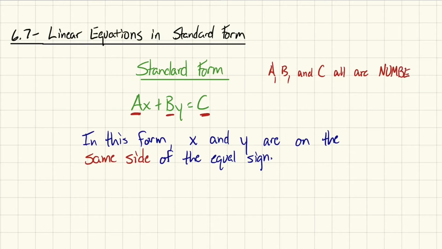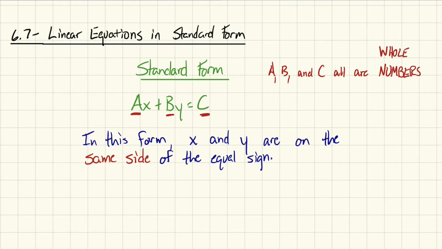And more importantly, not only are they all numbers, they are all whole numbers. So you'll get an equation that looks like 2x plus 3y equals 10, negative 5x plus 6y equals 100, things like that. But as long as we can understand that a, b, and c at the end of the day will be numbers for us, we can understand this format.